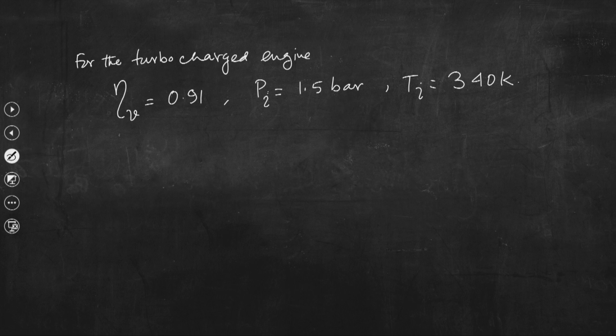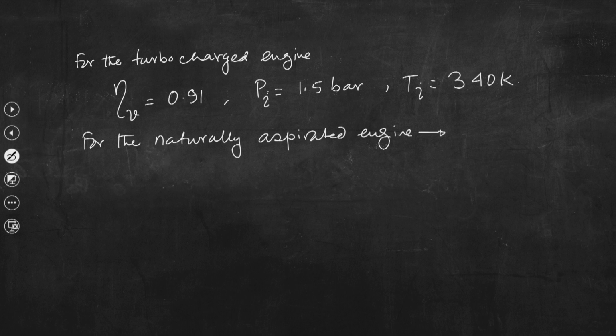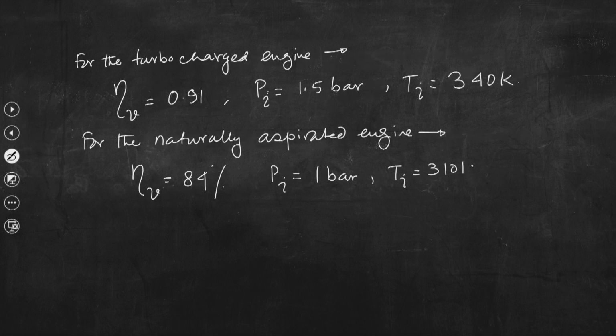So, given this data, this is for the turbocharged engine. Now, for the naturally aspirated engine, we can write volumetric efficiency equal to 84% and Pi equal to 1 bar and Ti equal to 310 Kelvin, right.